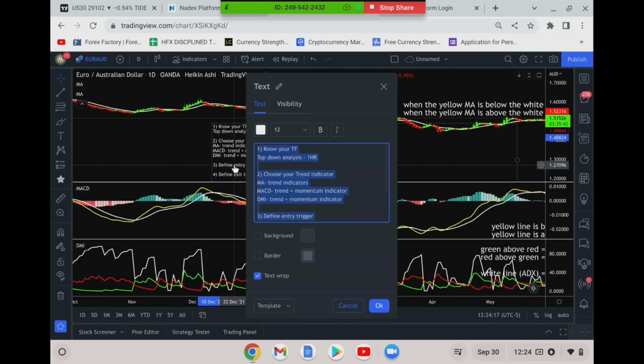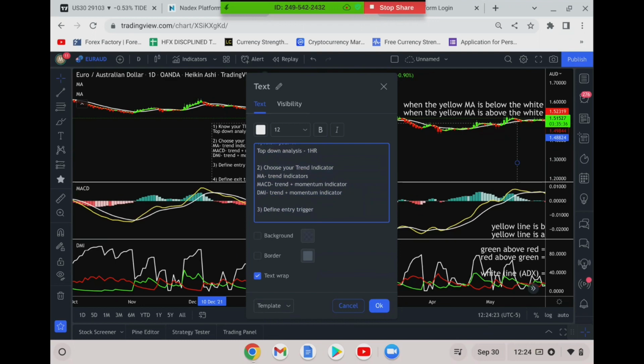So when it comes to defining our entry trigger, we want to see the MAs cross. You want to see the MACD and signal line cross with high momentum histogram, right?